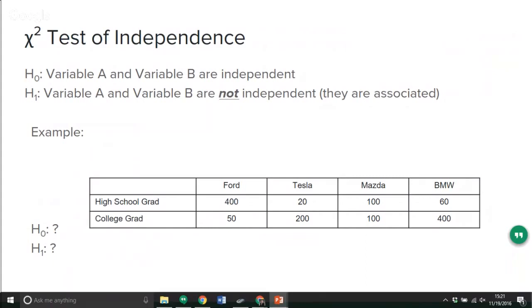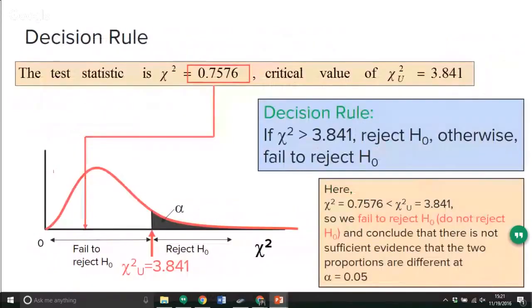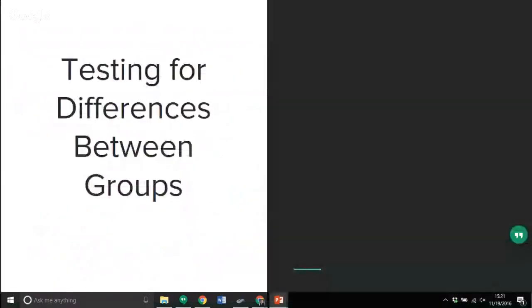We are not rejecting the null hypothesis, which means that in this instance, gender and phone preference are not related. There's no sufficient evidence that the two variables are dependent on each other at 0.05. All right, so that is chi-square analysis.